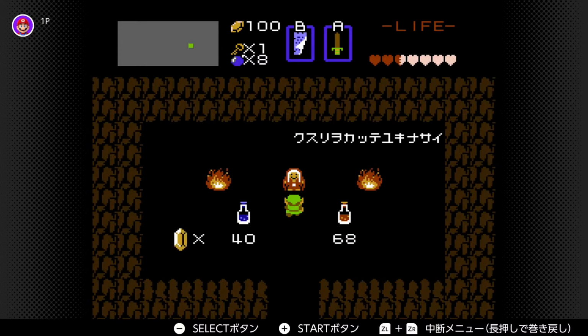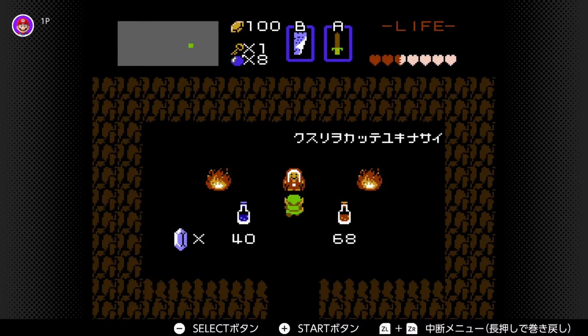Katte. Now we finally see the most common form, the te form of the verb kau, to buy.